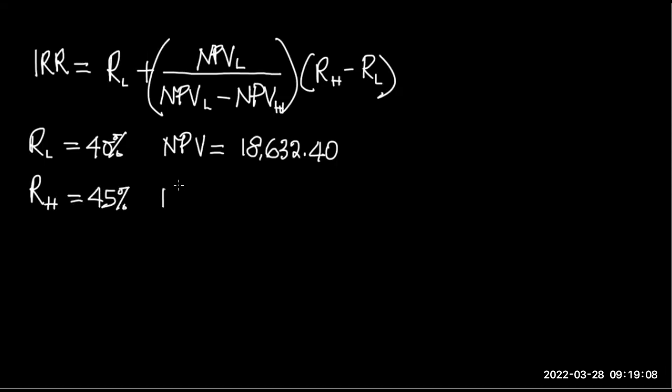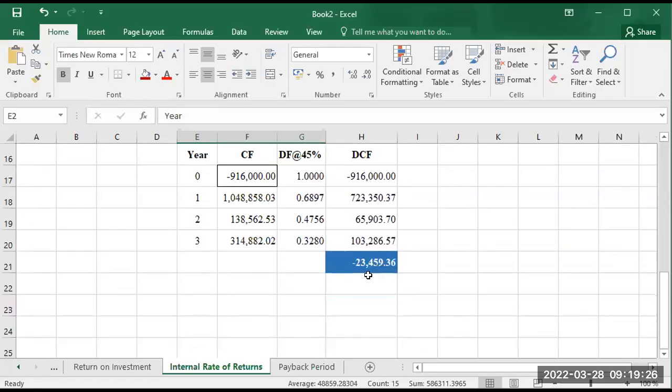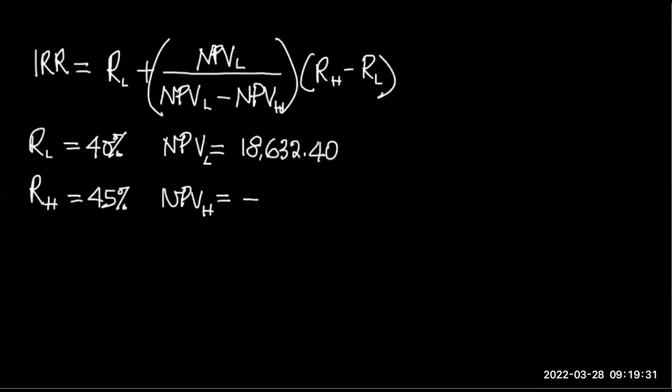Then we also used a second rate, which was higher, and that second rate was 45%. This was for the lower rate, and this was for the higher rate. The NPV for the higher rate was negative 23,459.36.